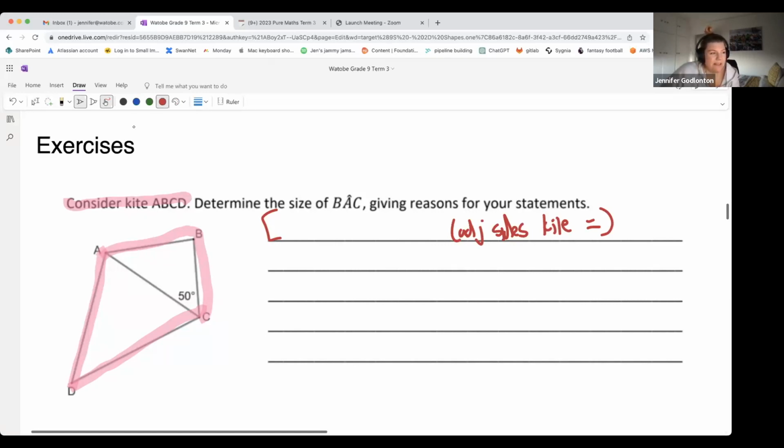What would my sentence look like? There we go. We're going to say AB is equal to BC. So we're saying those two lines are equal because adjacent sides of a kite are equal.